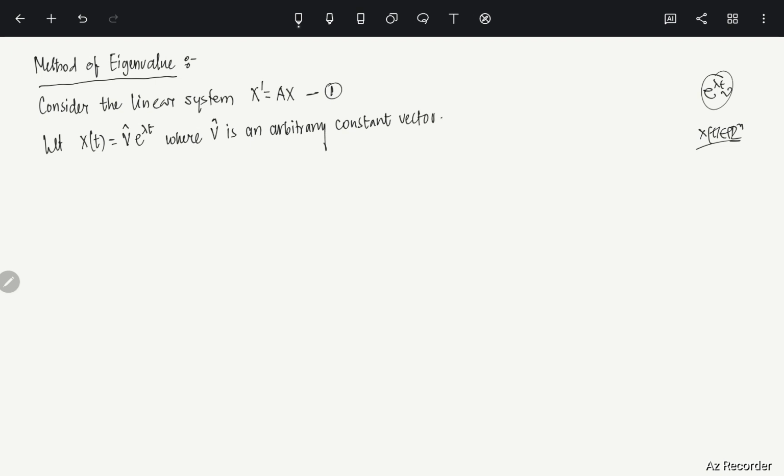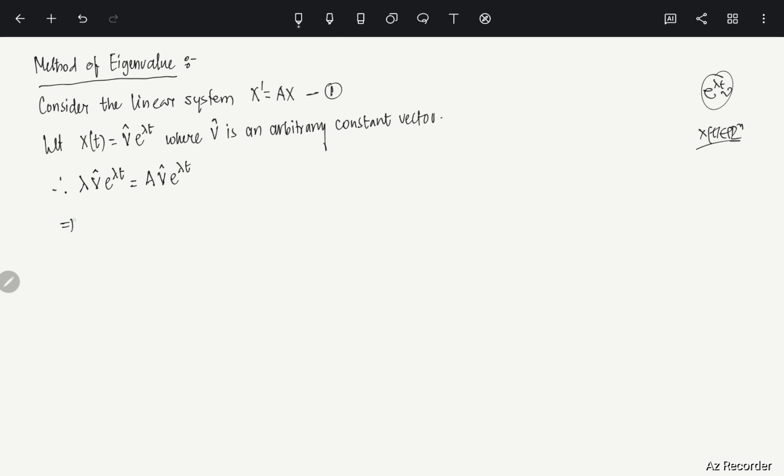Now if this is a solution of this problem, then of course that solves 1. So if it solves 1, what is x prime of t? It is nothing but lambda v e power lambda t. And that will be equal to what? A remains A, and x will be replaced by v e power lambda t.